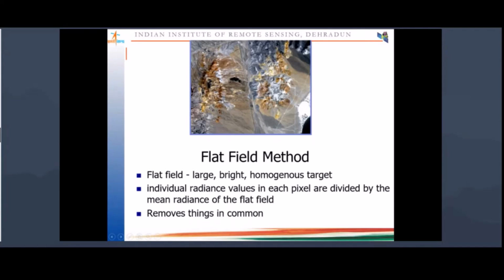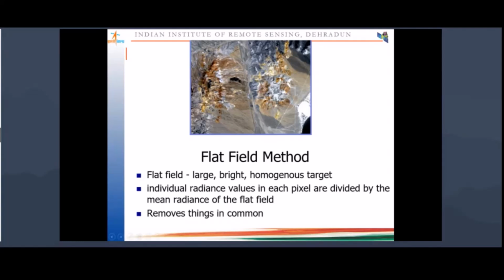So if you have such a target in the image, instead of dividing each pixel value with the average of the image, you can divide it with the average of this flat field. Here also again the assumption is that the effect of atmosphere is multiplicative, so it would have been removed when you take the ratio of the image pixel divided by the mean of this flat field.